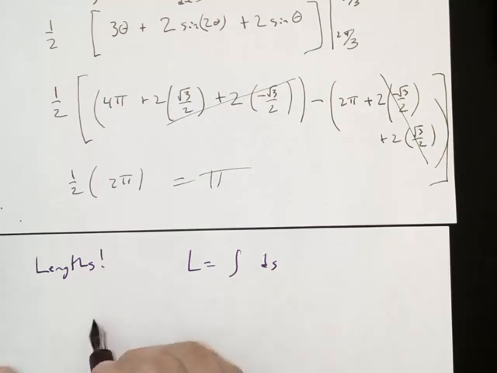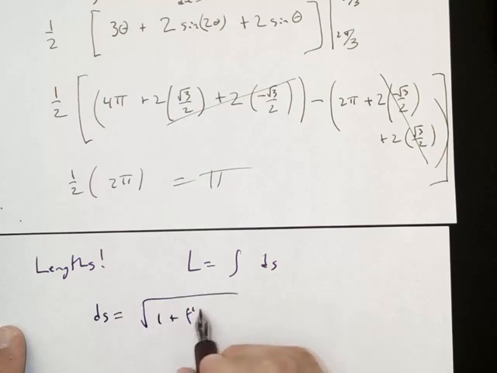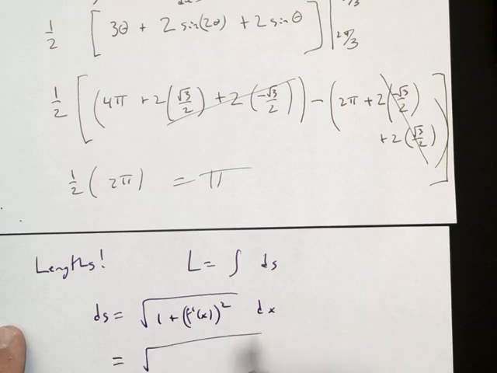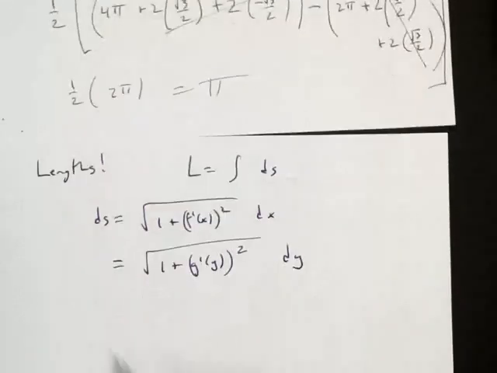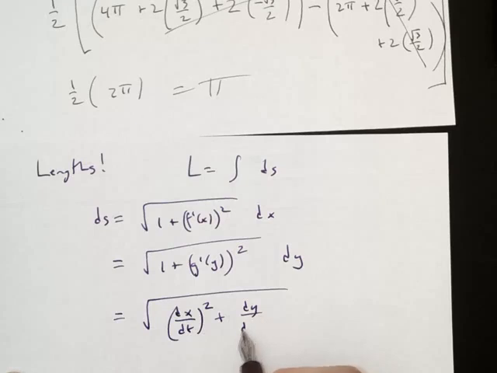If I remember correctly, we had the square root of 1 plus f prime of x squared dx, or we had 1 plus g prime of y squared dy, or we had dx dt squared plus dy dt squared dt. I'm running out of breath just from listing the options.